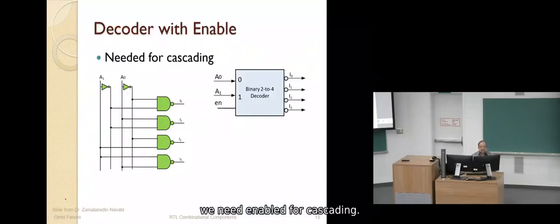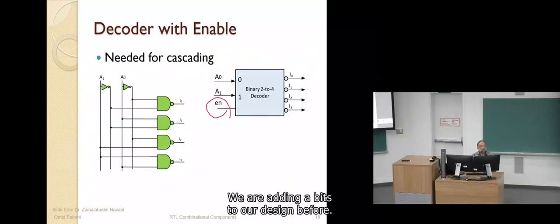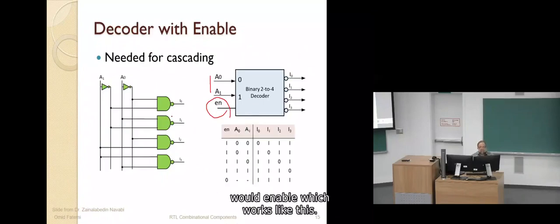So let's see. We need enable for cascading. So we are adding a bit to our design. Before we had 2 inputs, A0 and A1, with 4 outputs. Now we have added another input called enable, and we want to build a circuit with enable which works like this. When enable is 1, the circuit works as before.